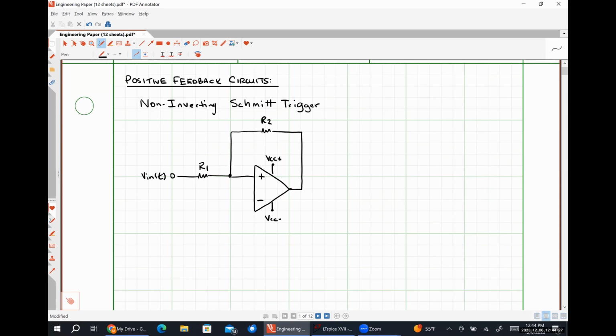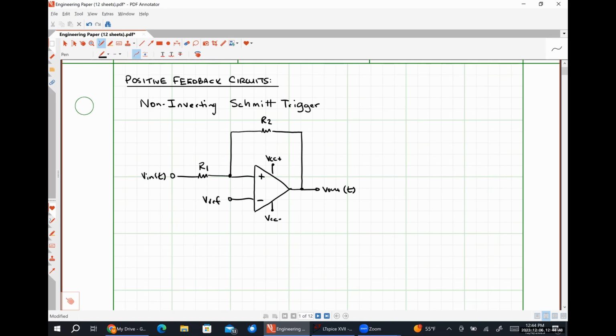This will be R2. Our output voltage as a function of time. And then on this pin, I'm going to put my reference voltage, Vref. So this is the schematic diagram for a non-inverting Schmitt trigger.